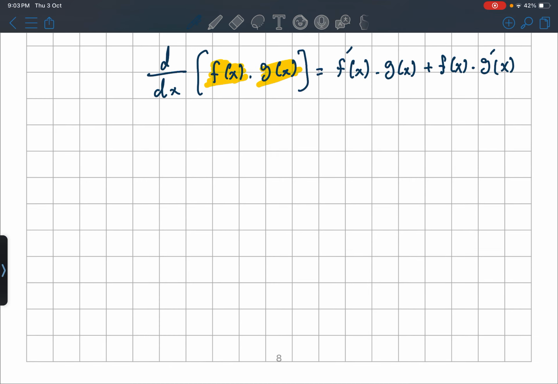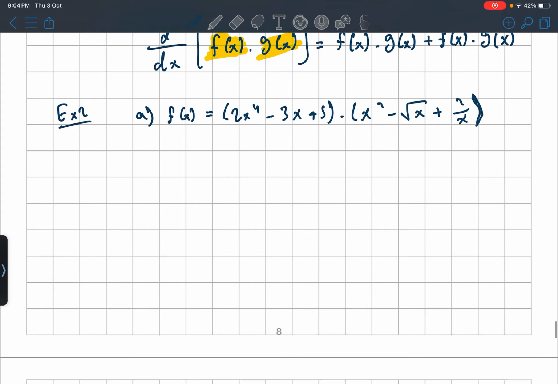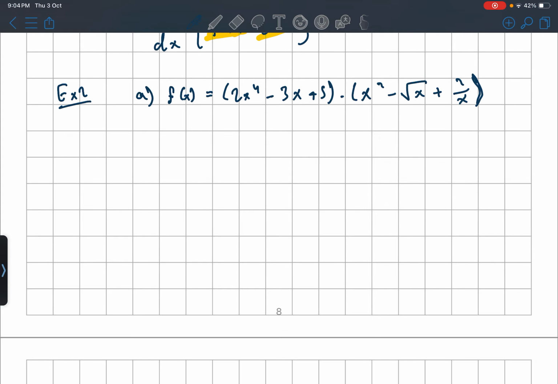Okay, so let's take an example. Let's say example 2. We have f(x) equals (2x power 4 minus 3x plus 5) times (x squared minus square root of x plus 2 over x). First of all you have to simplify it. So let's write 2x power 4 minus 3x plus 5.